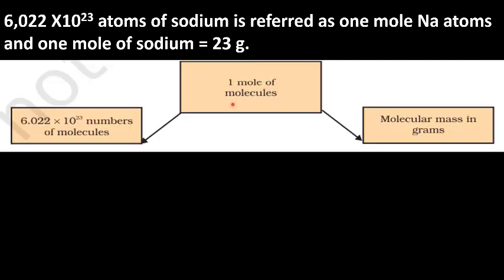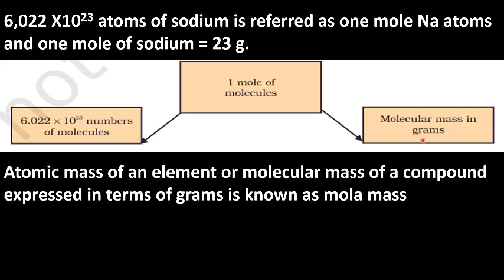So, 1 mole of molecules or 1 mole of atoms is nothing but 6.022 into 10 to the power 23 atoms or molecules. Therefore, it is the molecular mass in terms of grams or the atomic mass of an element in terms of grams.